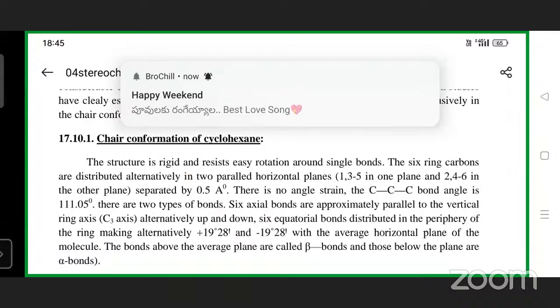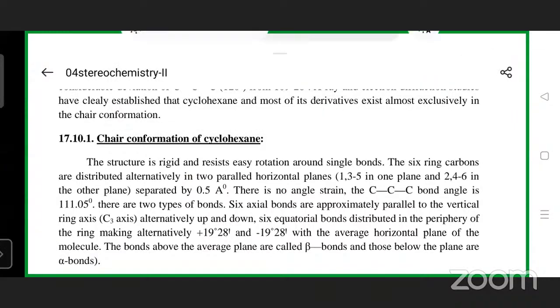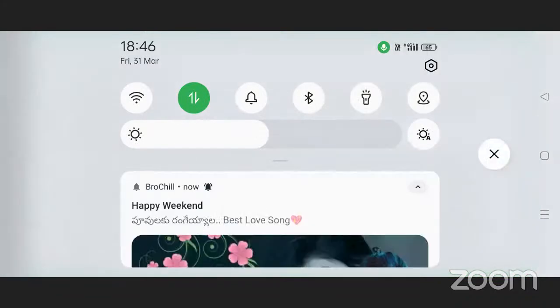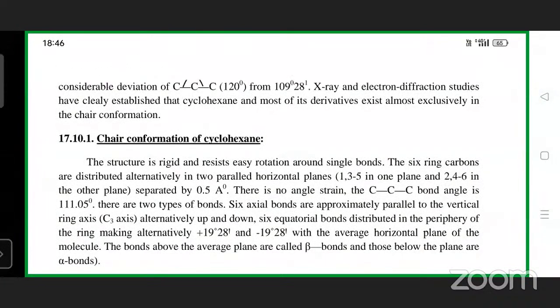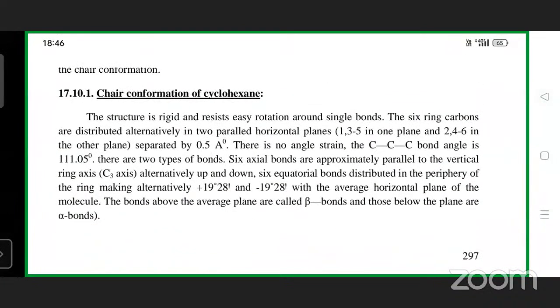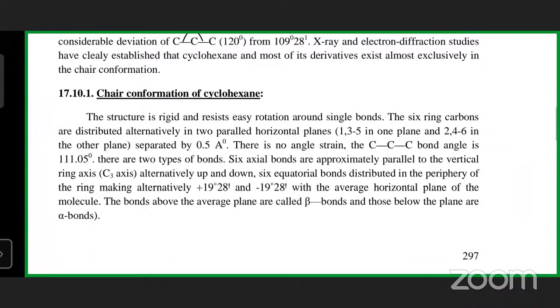Among all of these, the chair conformation is the stable one, because in the chair conformation all the bonds are oriented in opposite directions.